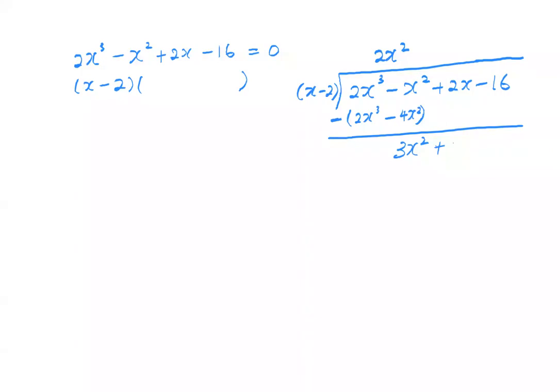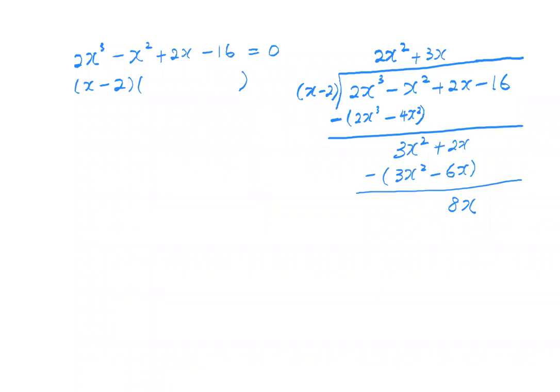So here is your 2x. Now you ask yourself, x times what will give you 3x squared? It will be plus 3x. You are doing the same thing: take away 3x squared minus 6x, and you get 8x here.